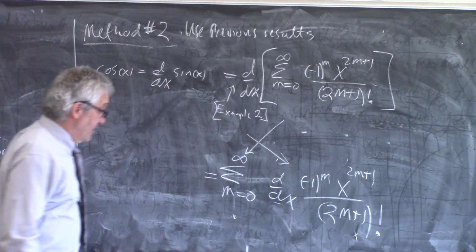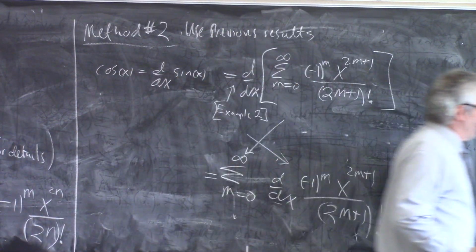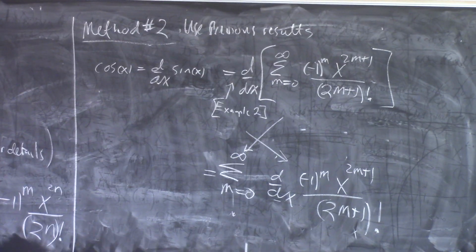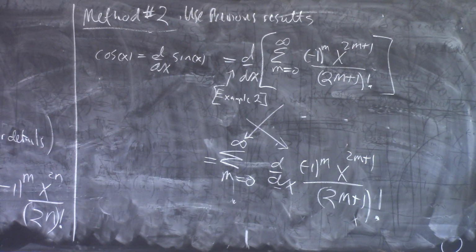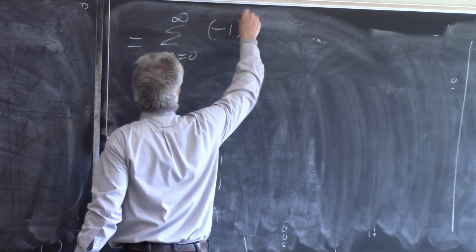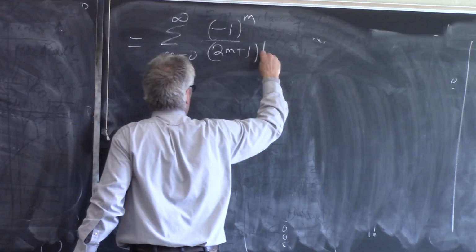That's huge. Now notice in that derivative, the minus 1 to the m power doesn't involve x, so I can pull that through. And also the 1 over 2m plus 1 quantity factorial, that doesn't involve x either. So I have this series, sum as m goes from 0 to infinity of minus 1 to the m over 2m plus 1 factorial.